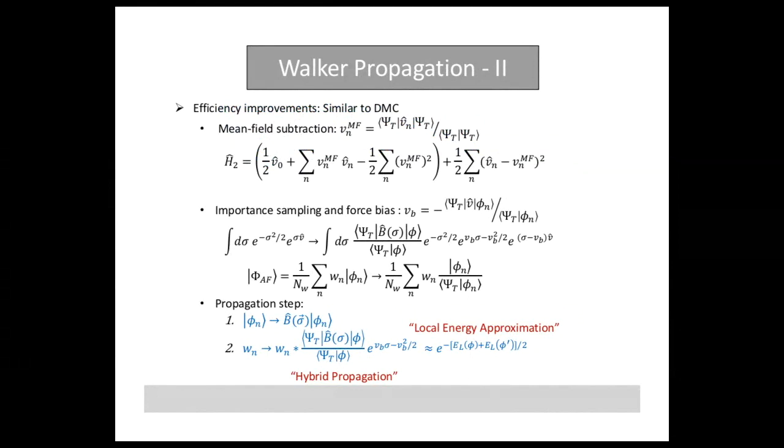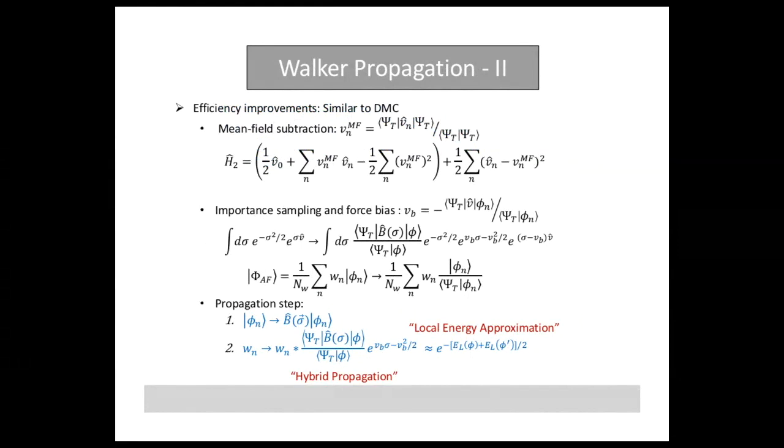The reason this was done is because this is the weight that you use in DMC. So originally, Shiwei tried to get the algorithm as close as possible to DMC. Then he eventually realized that calculating the local energy is quite expensive, and the only reason you need the local energy is to update the weight, whereas the actual formal weight, without any approximation, does not involve the local energy and is way cheaper to evaluate.